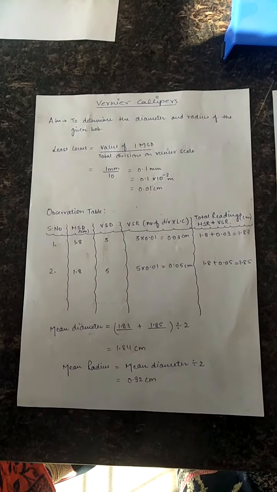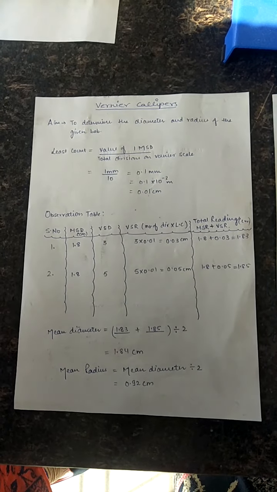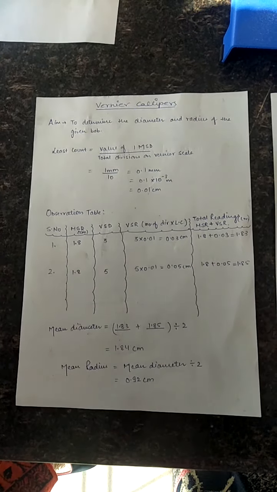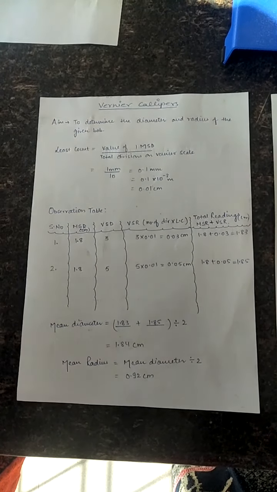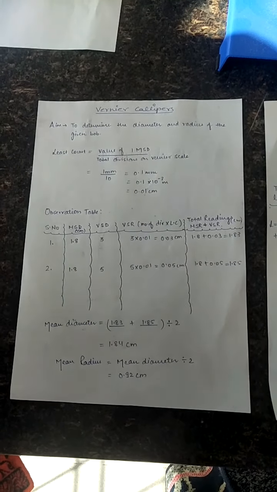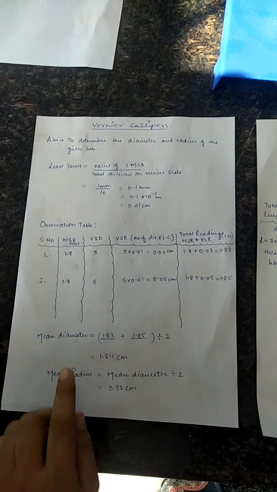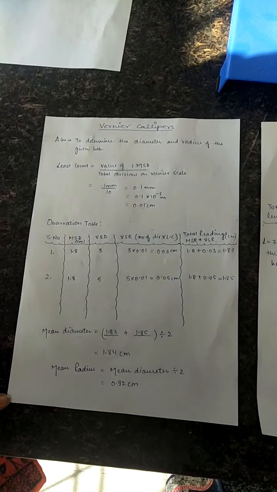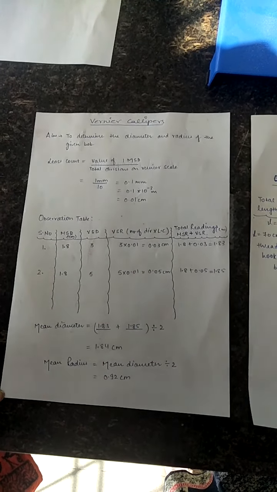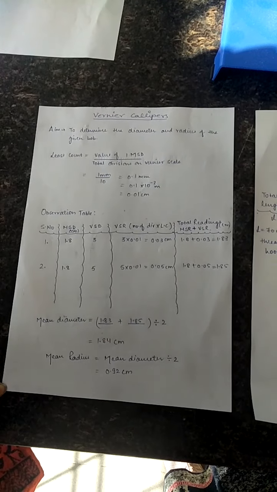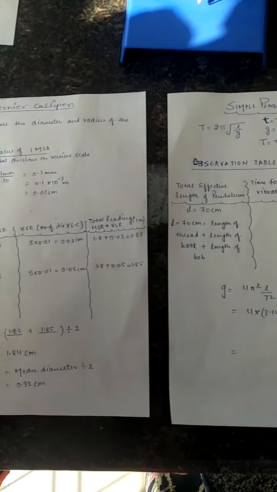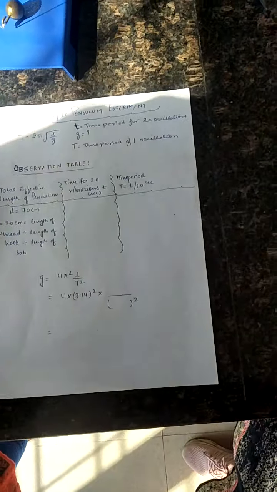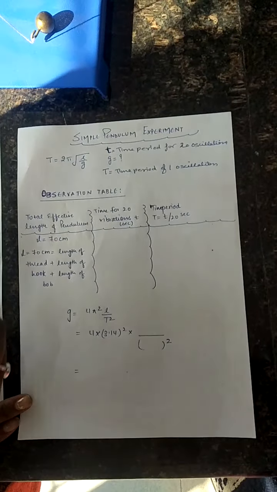Here we have already calculated the radius of the bob. As I told you earlier in the previous video, the reading which we have taken out: mean diameter 1.84 centimeter and the mean radius 0.92 centimeter. So here also we have used the same bob.